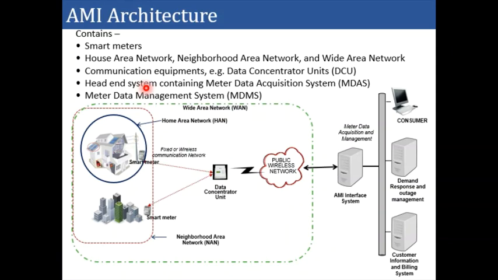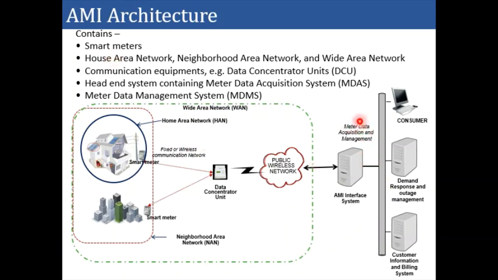So head-end system or the metadata acquisition system is also part of the AMI architecture. Metadata management system is also part of the AMI architecture. So all these 5 components are part of our overall AMI architecture.